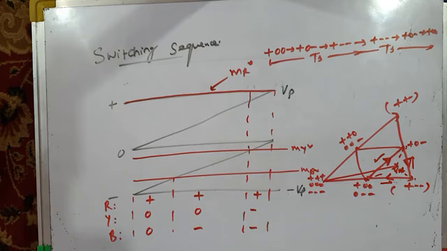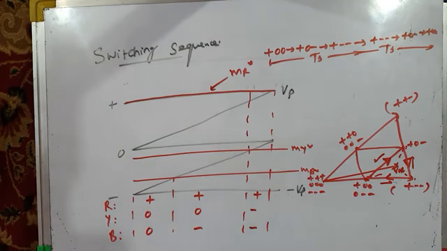As far as space vector for 3-level inverters is concerned, I have given you some idea about the space vector diagram, but space vector in 3-level or multi-level inverters will be discussed in much more detail by Dr. Tabish Nazir. So I would advise all of you to watch the lecture delivered by him for space vector PWM for 3-level or multi-level voltage source inverters.